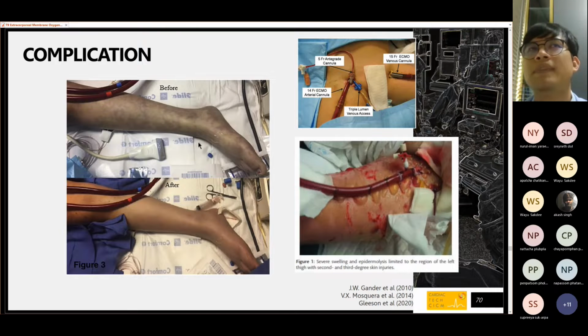That refers to an ischemic event that may occur. If we touch the patient's leg and toe here, it's going to be much colder than the other side. So it represents that there is no blood supply to this part.